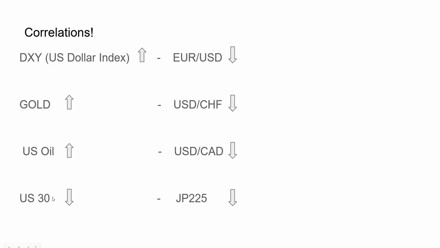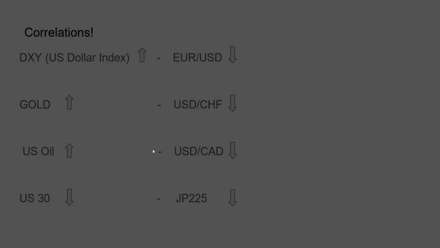Also, when the US 30, the Dow Jones Industrial Average, registers a drop, maybe the Japanese stock index, the Nikkei, could drop as well. Maybe these are not perfect correlations like this one here, but you can still use them in trading.